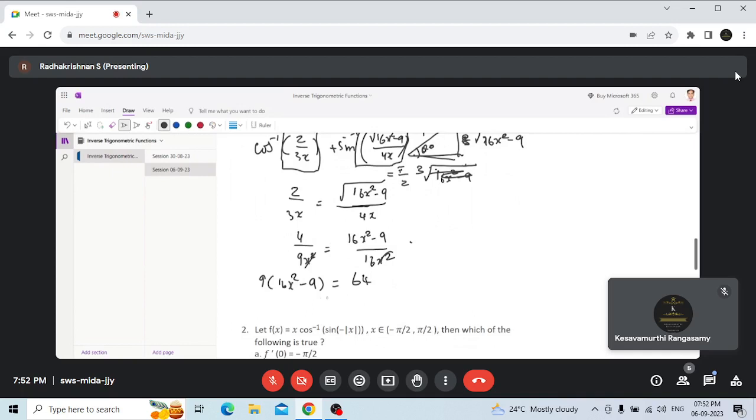Four into 16. So 144, 9 into 16, right? So 144 x square equal to 145. 64 plus 81.